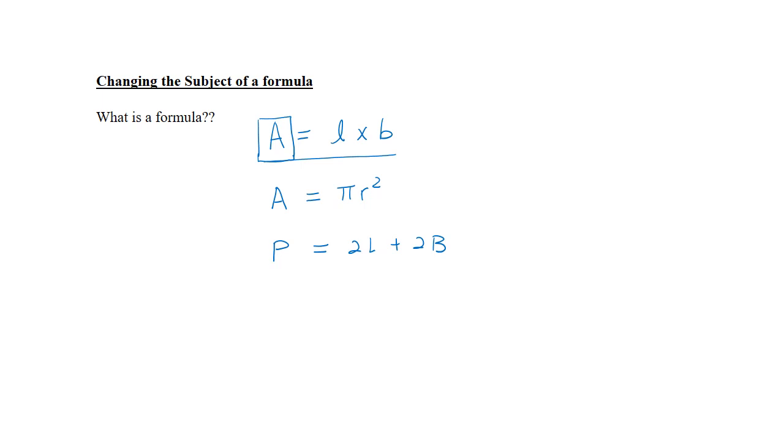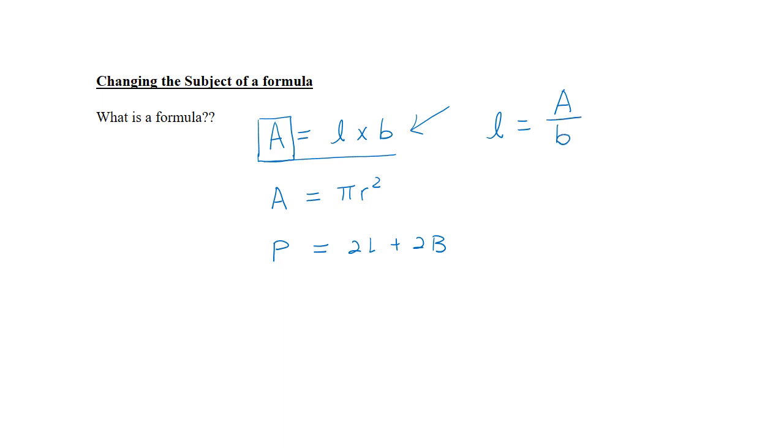Alright, so what is the meaning of changing the subject of the formula? Let's take a look at this formula here. If I want to find the length of this rectangle, how would I find it? You would tell me that it is the area over the breadth.